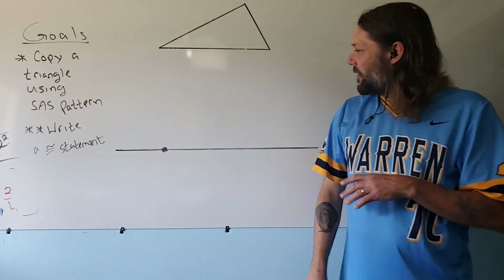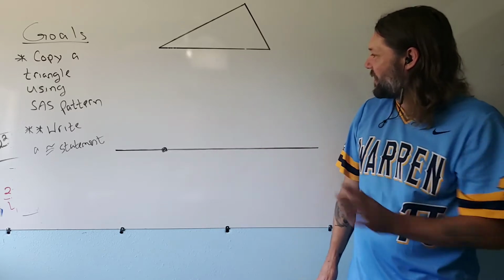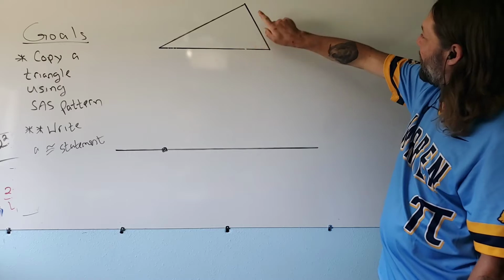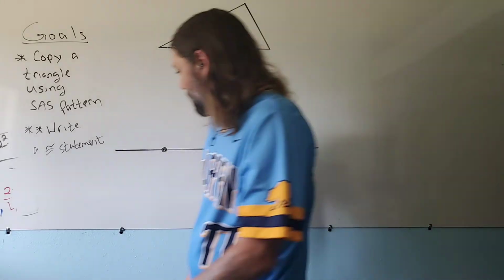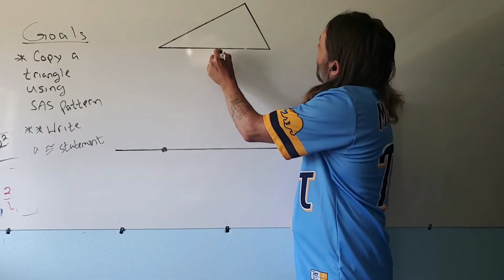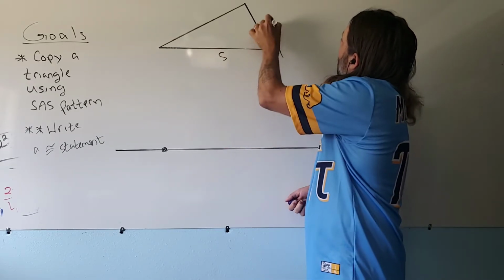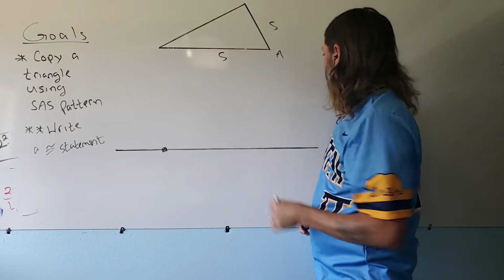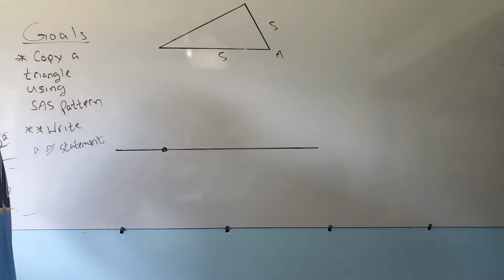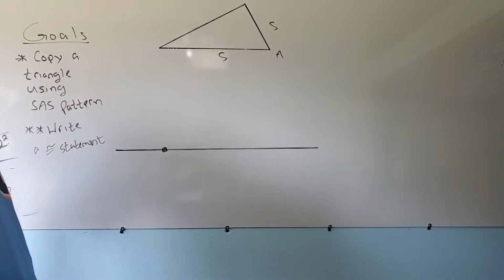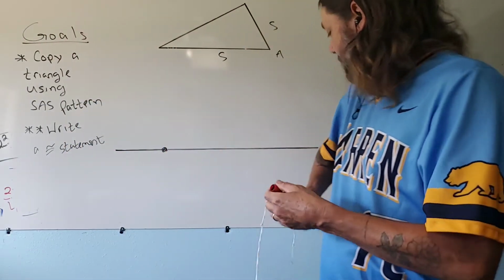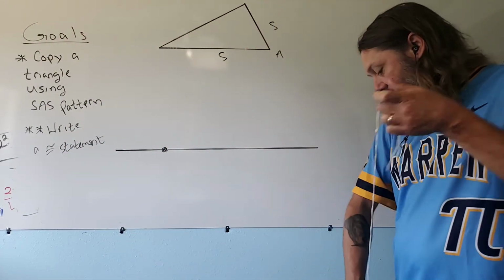But because I don't have any room on this side of the room to stand, I'm going to copy this side, this angle, this side. So the side-angle-side pattern is, the sides actually make the angle. Okay, so let's copy the side first. And remember, I can use a compass to copy a length. I'm going to try my best to stay out of the way so you can see the steps of the construction.